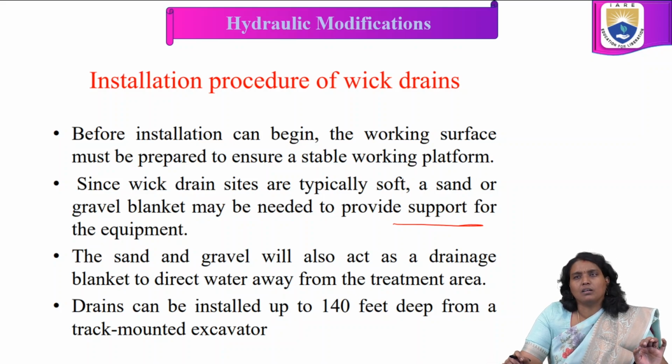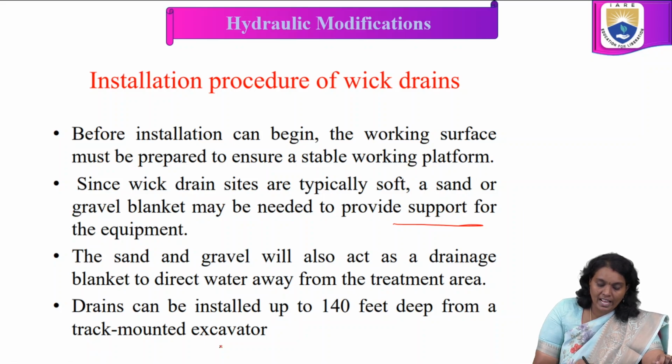Regarding the wing drain procedure and the workspace required: first, the working platform is required, and the supporting system of layers is required. After that, the sand and gravel will also act as a drainage blanket to direct water away from the treatment area. Drains can be installed up to 140 feet deep from a tank mounted excavator.